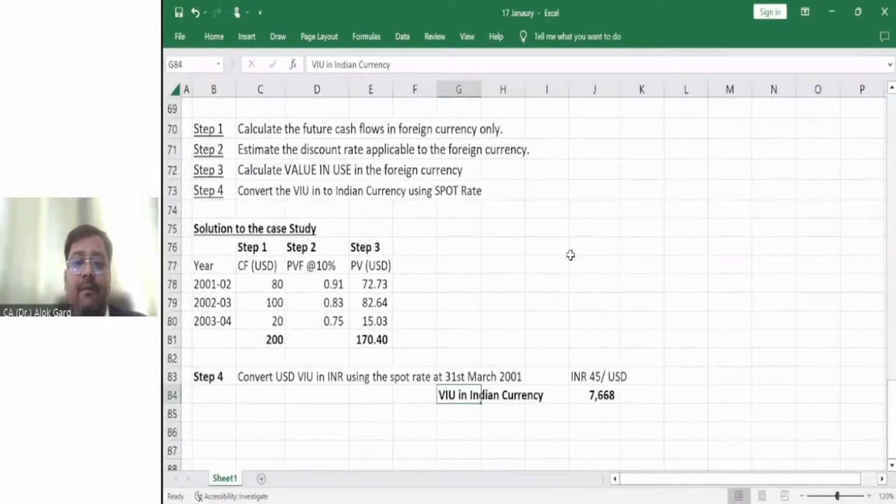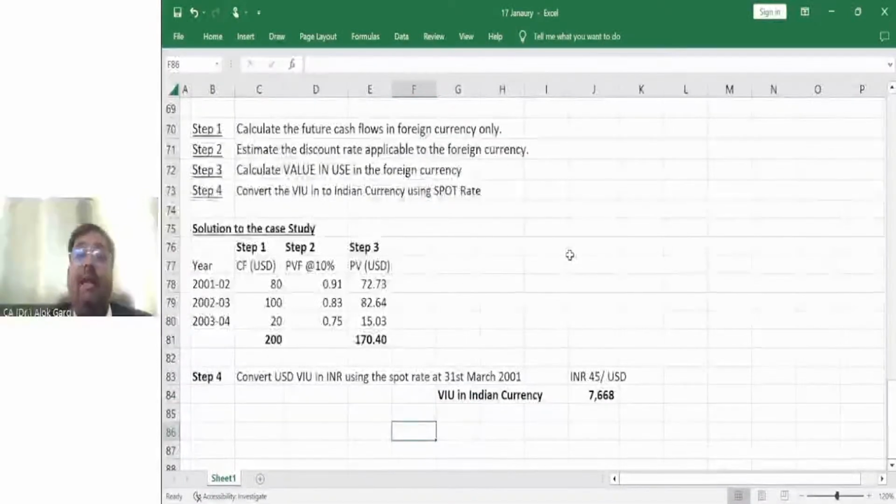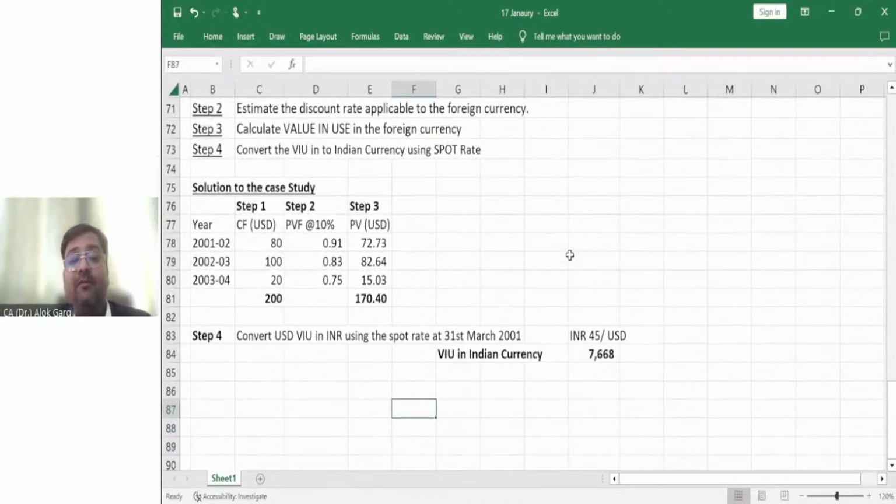So this is value in use. For example, take the fair value of that property. Of course, you will look at the fair value in the US market only. If the property is located in the US, you will be able to sell in the US only. But for recoverable amount, you have to compute fair value also. For example, in case of fair value less cost to sell, I'm just extending this question.